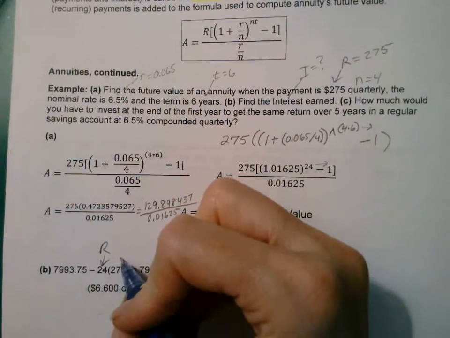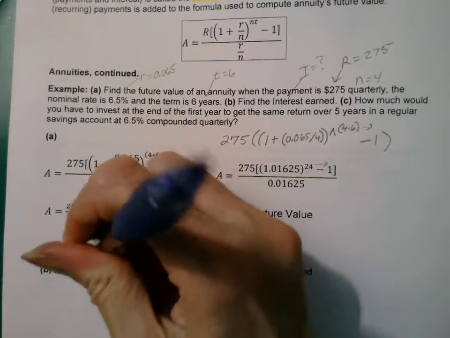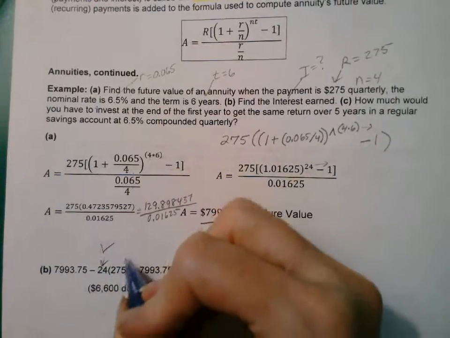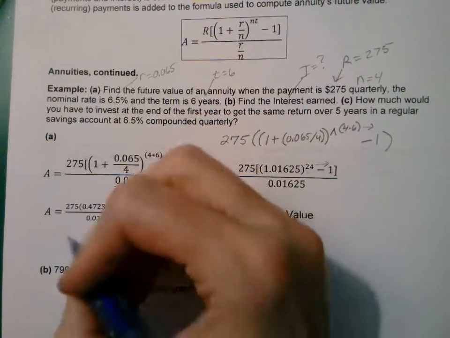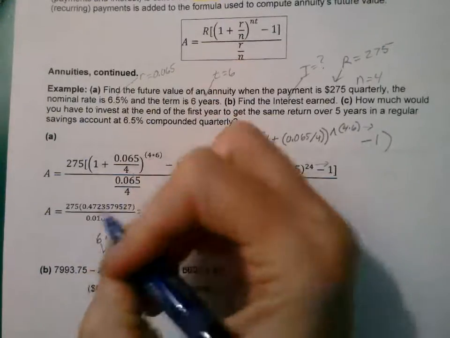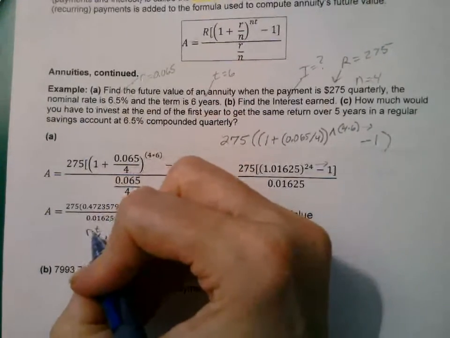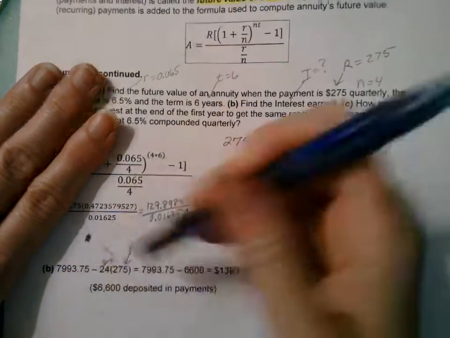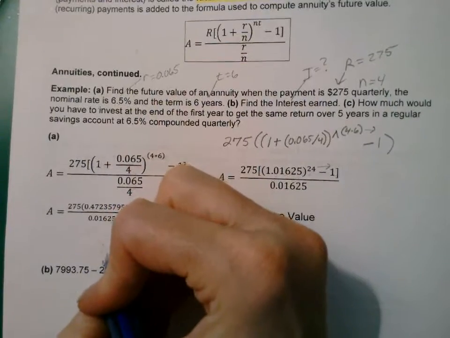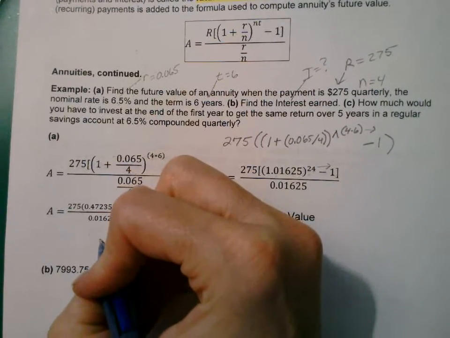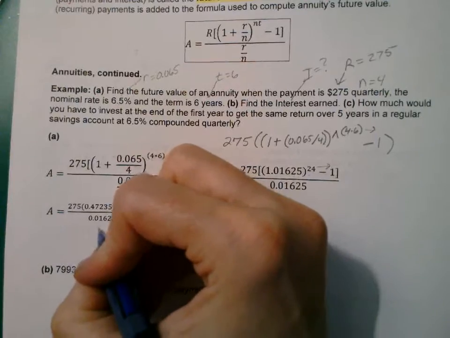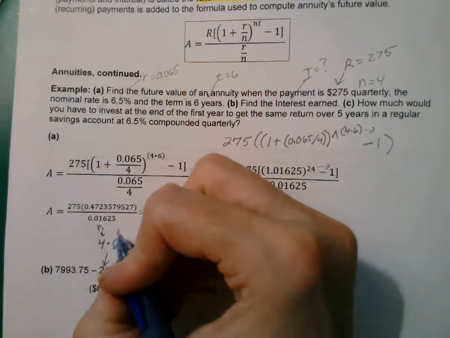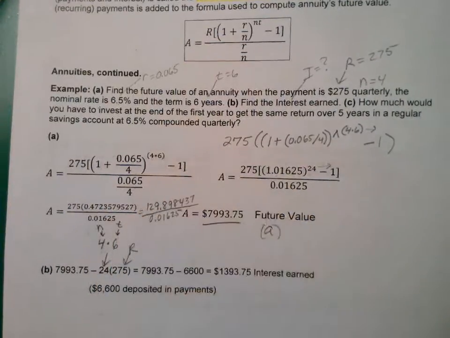24 payments. Sorry. 24 payments. Because where did I get that 24? This is the 6 times the quarterly. This here is your N and your T multiplied together.